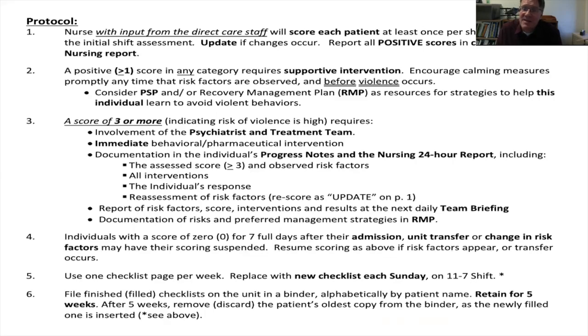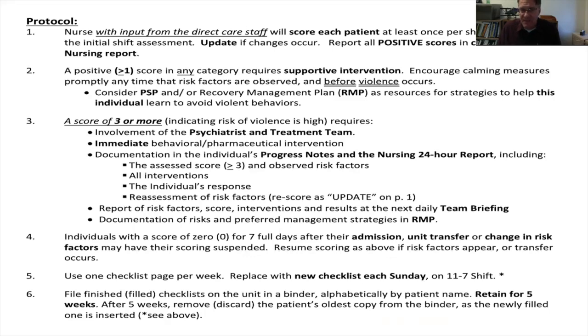And so the direct care staff have terrific information about patients. They spend more time with patients than anybody and are a wealth of information, in my opinion. So the nursing with them score each patient. All positive scores are reported in the cross-shift nursing report, and any positive score above 1 in any categories requires a supportive intervention.